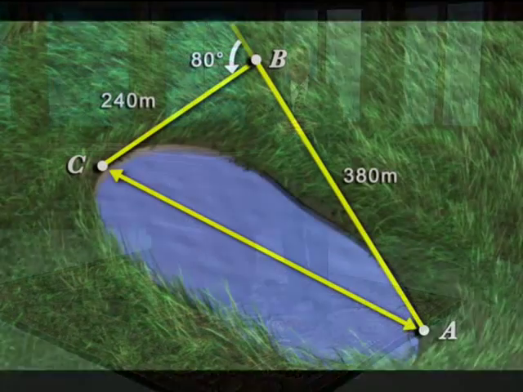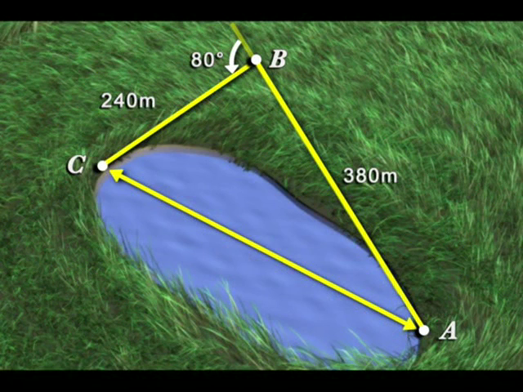We have the sides 380 and 240, but we don't quite have the angle at B in our triangle ABC. What we do have is the exterior angle of 80 degrees. So that means the other angle is going to be 100 degrees. 180 minus 80 is 100. So now I know the included angle. It's 100 degrees. And the law of cosines will give us the final answer.